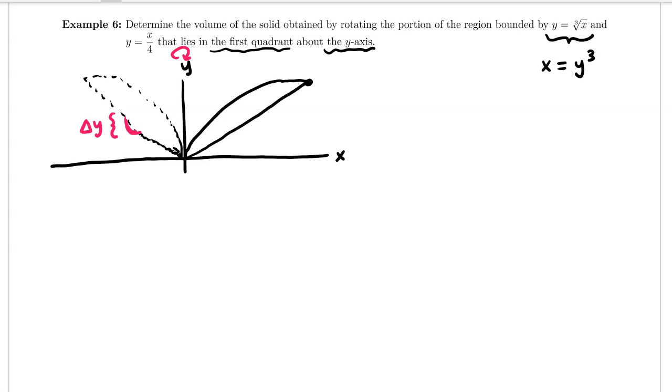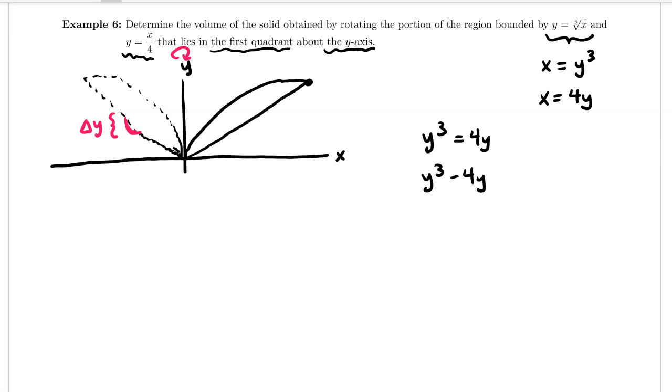And then this equation here, if I solve that for x, I end up getting x is equal to 4y. Now that they're both equal to x, I can set these two equations equal to each other. And if I do that, I get y cubed is equal to 4y. So now let's solve this equation for y so that we can figure out where these two curves intersect.